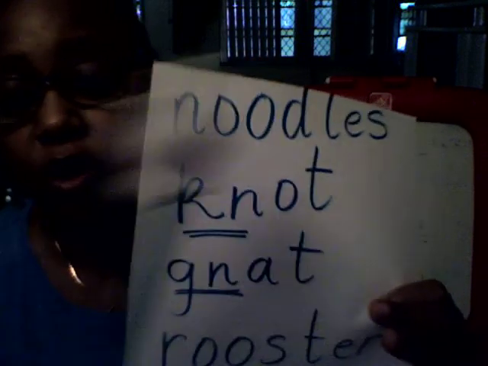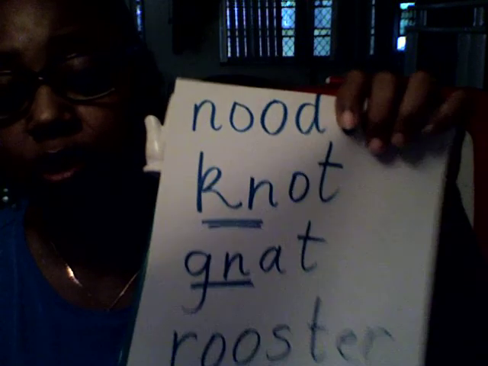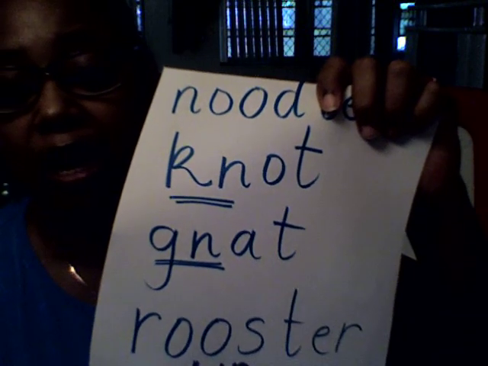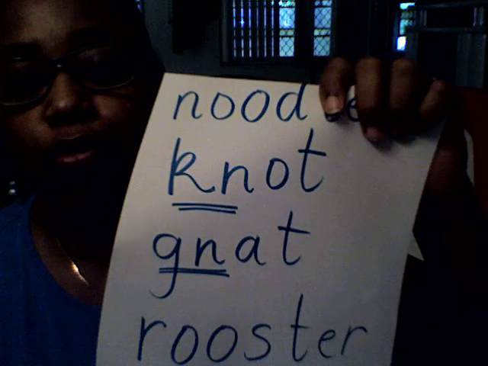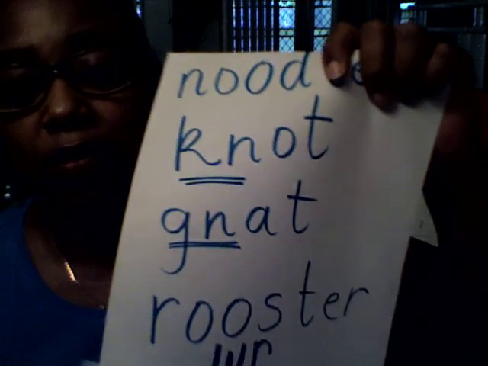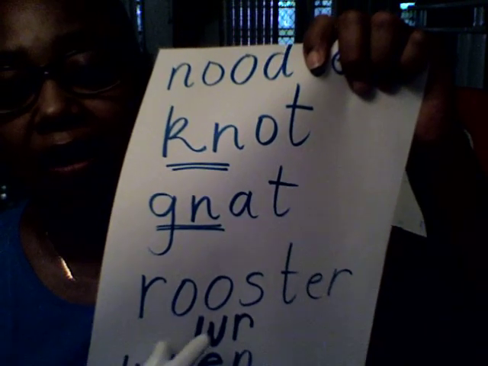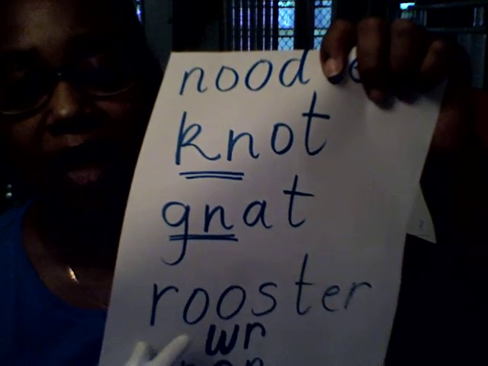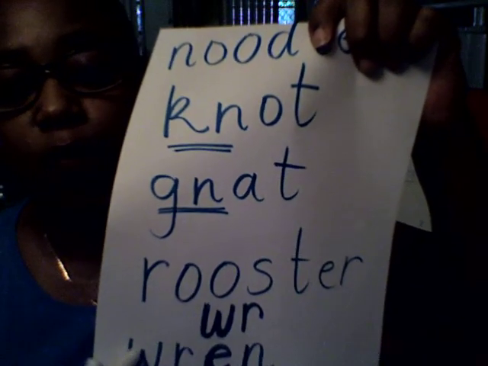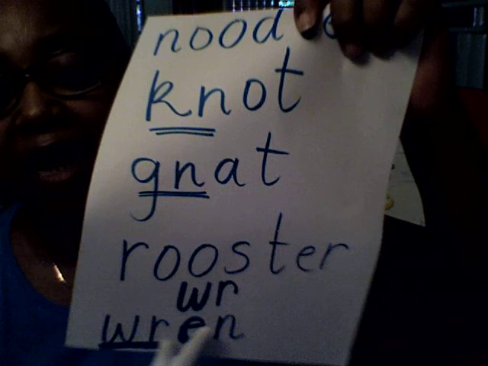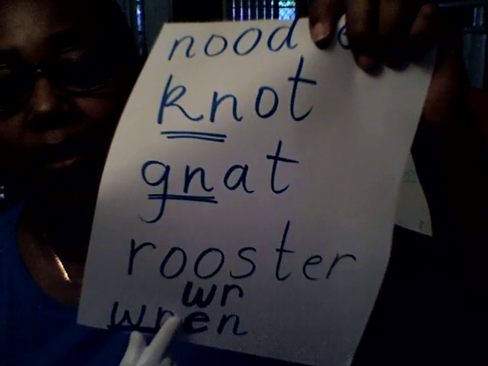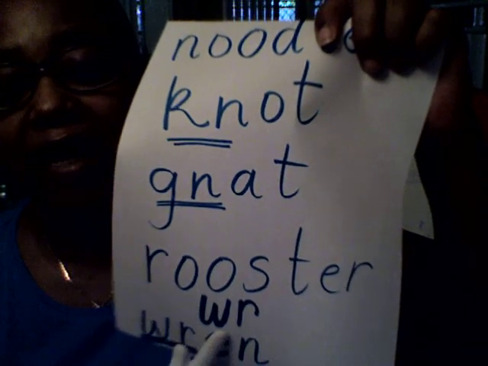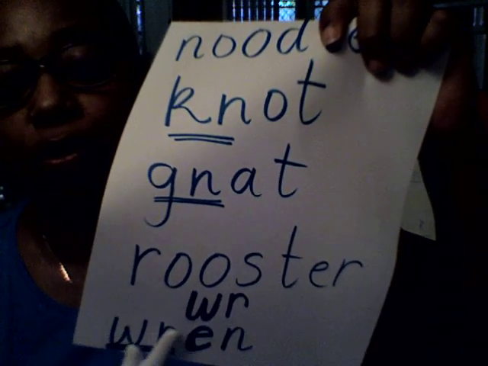Let's look at this word, rooster. Rooster. What is the sound you hear for rooster? You hear an R sound. R, rooster. And our digraph WR makes an R sound like rooster. And when you put it in a word like wren, which is a bird, you don't say warren. We say wren. WR makes an R sound, wren. Okay?